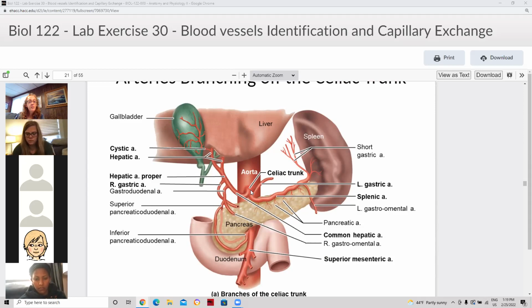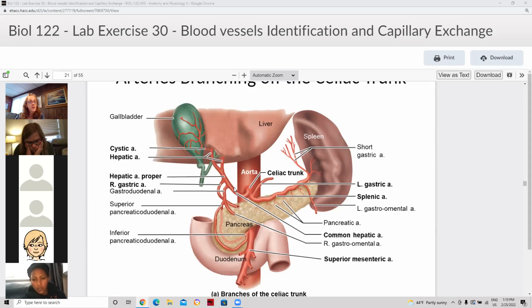The three main branches coming off the celiac trunk are the left gastric going towards the stomach, gastric meaning stomach, the splenic artery going to the spleen, because we don't have a right one, and the proper hepatic artery, or hepatic artery proper.